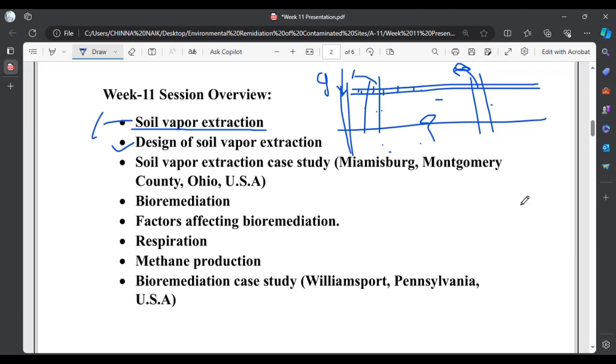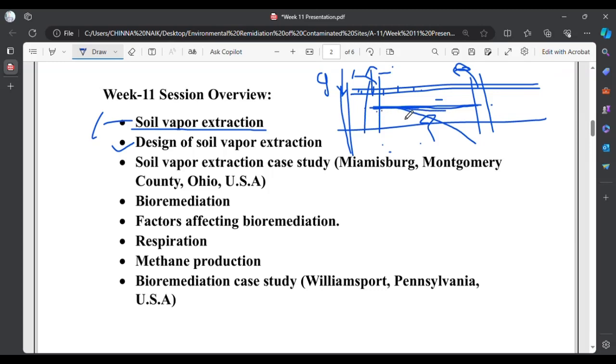The second parameter we have to consider while designing soil vapor extraction is the effect of gas flow on the radius of influence of the well. As we introduce the suction pump or vacuum, as we move away from this vacuum pump, the flow rate reduces with the radius from that vacuum pump.